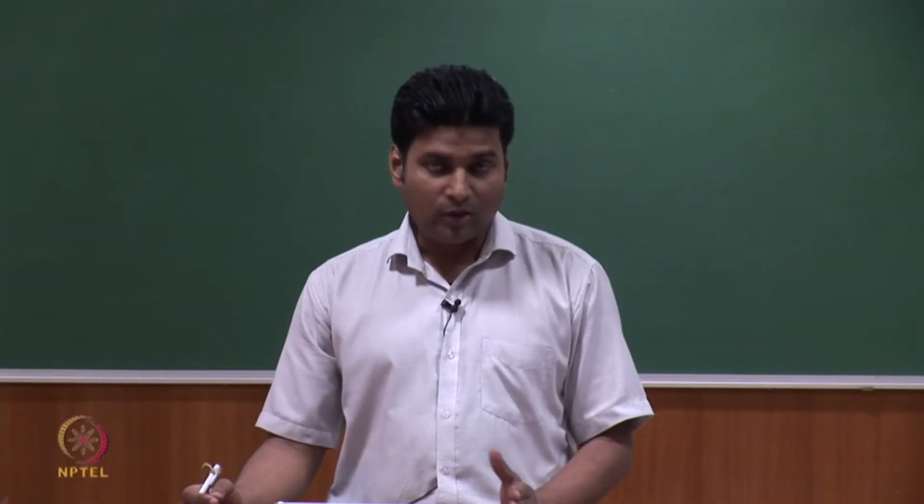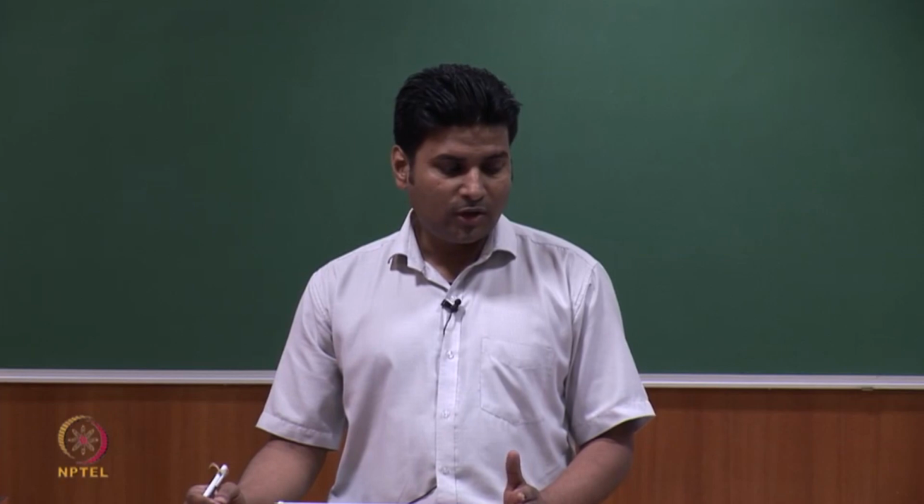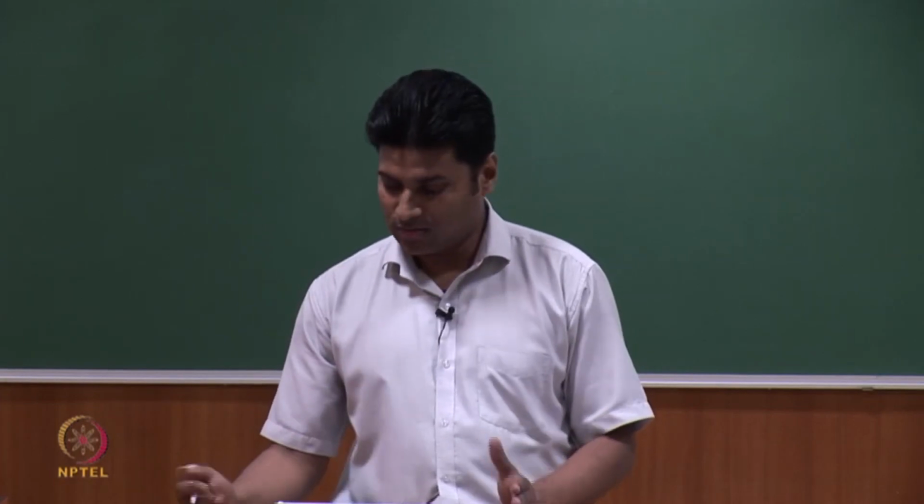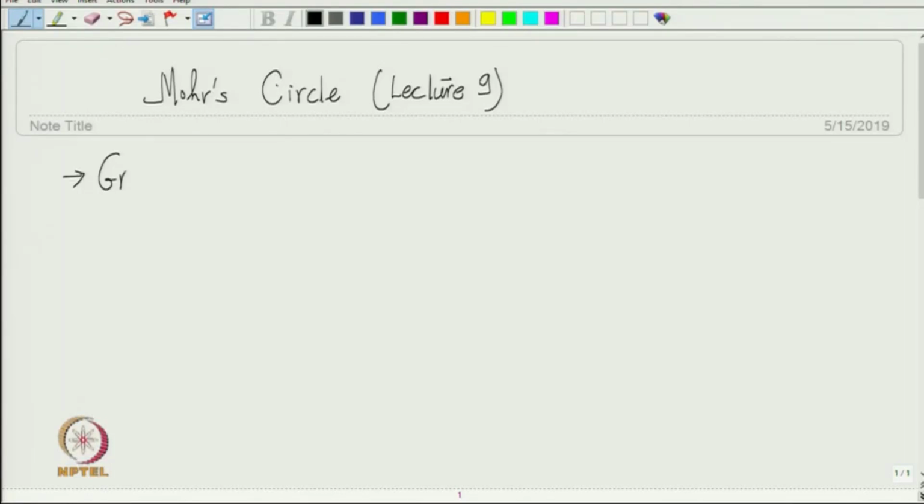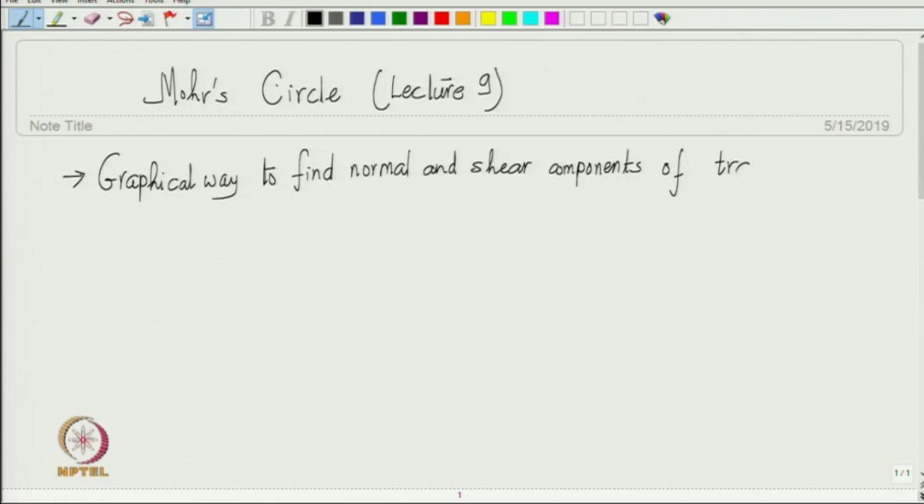Hello everyone, welcome to lecture 9, and today we are going to learn a very interesting topic, that is Mohr circle. So, this is basically a graphical way to find normal and shear component of traction on arbitrary planes.